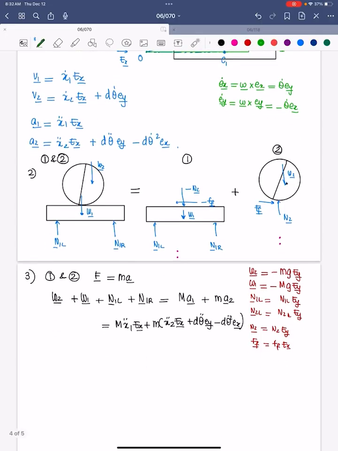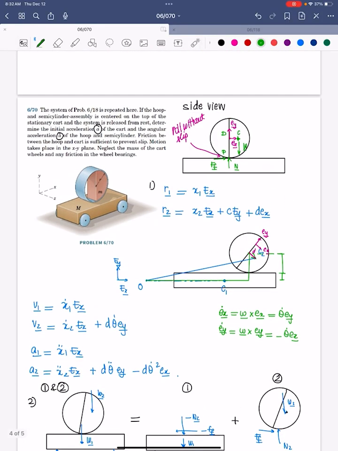Okay, and since we are considering the initial time, when the system is released from rest, we have theta dot is equal to 0, and also the co-rotational bases are still going to be equal to the fixed bases.